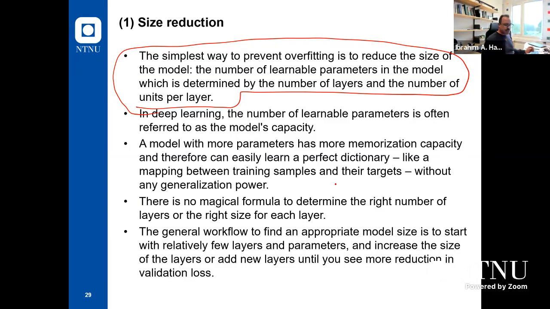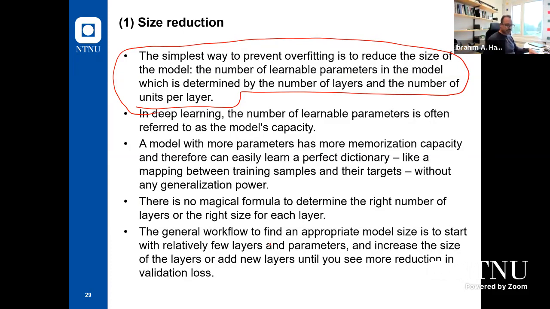There is no magical formula for determining the right number of layers. There is no rule for selecting how many hidden layers or how many units per hidden layer. It's just trial and error. But as we mentioned, we should start with a simple model and make it more complex with time. At the beginning, it's better to have underfitting, and after that increase the complexity of your model until you have a good solution.